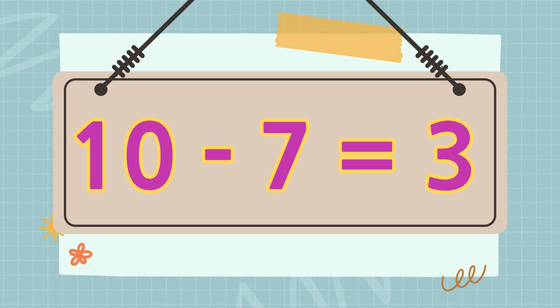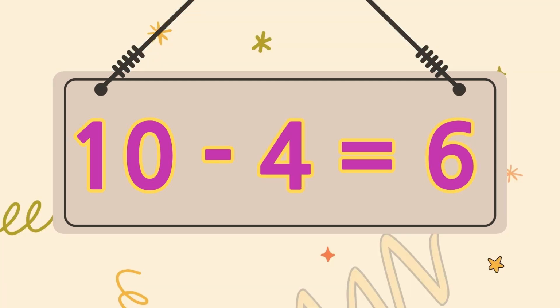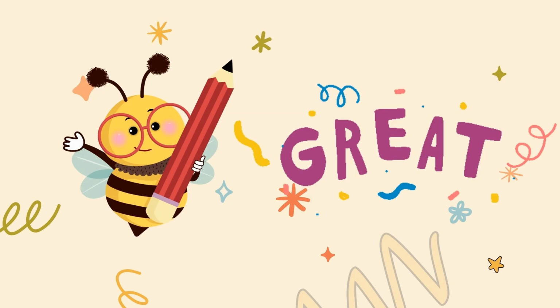Daffodils sway so free. 10 minus 4 is 6. Violets bloom by river bricks.